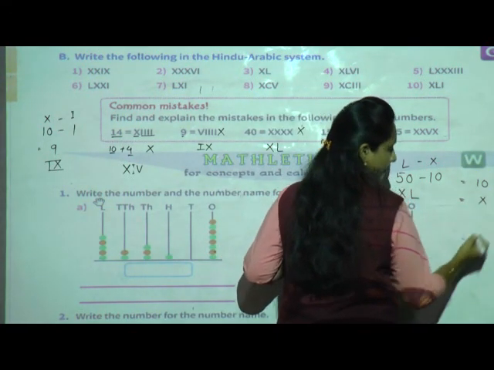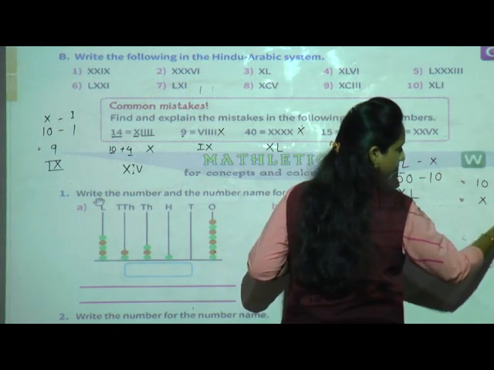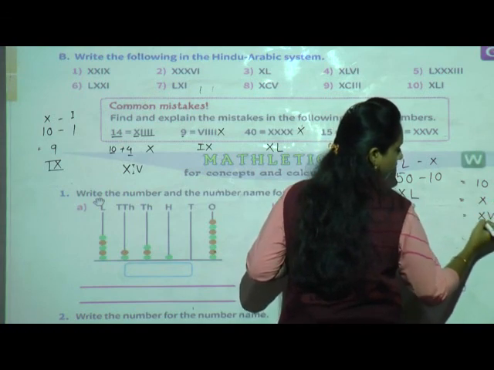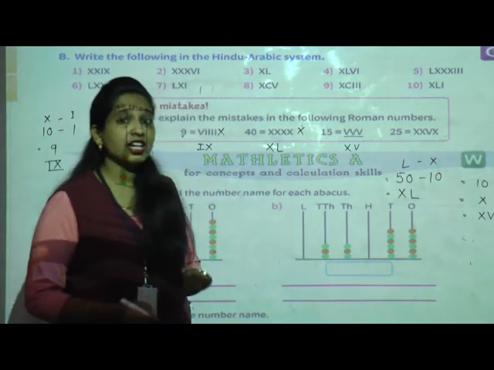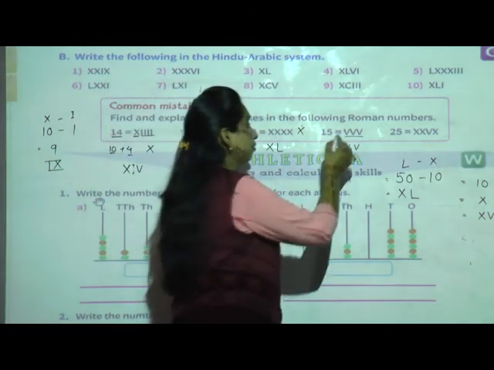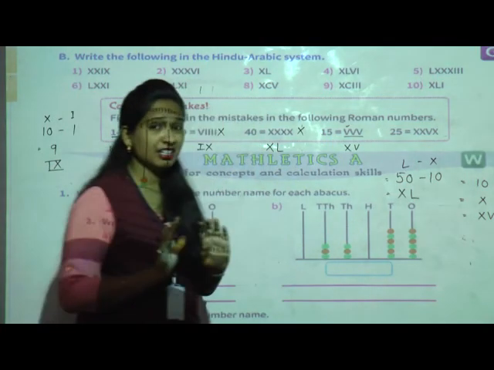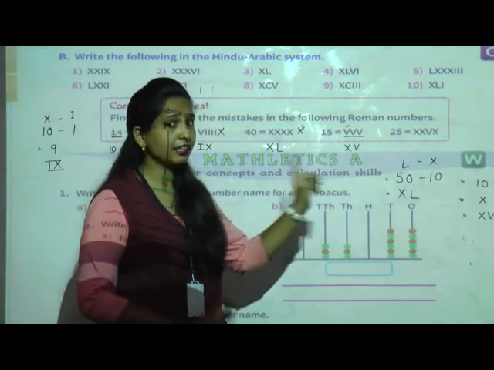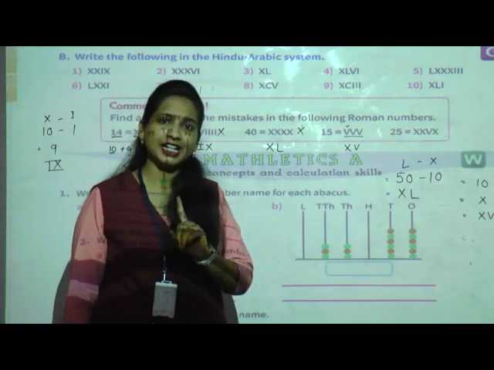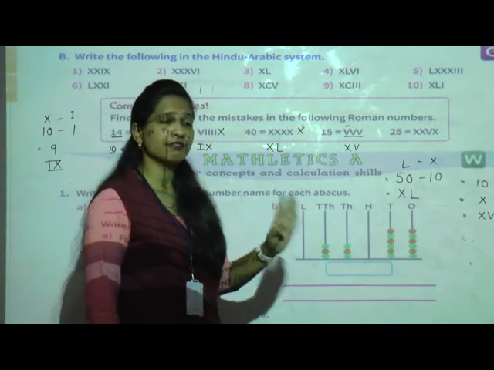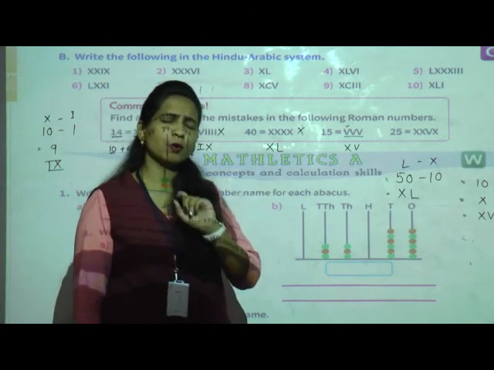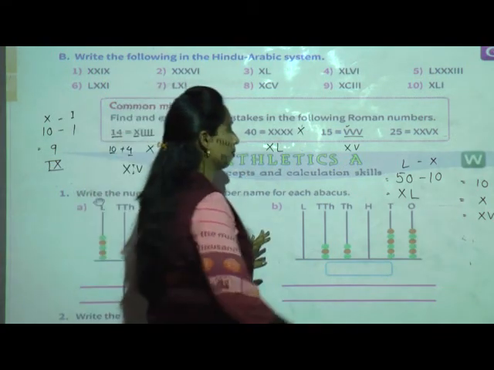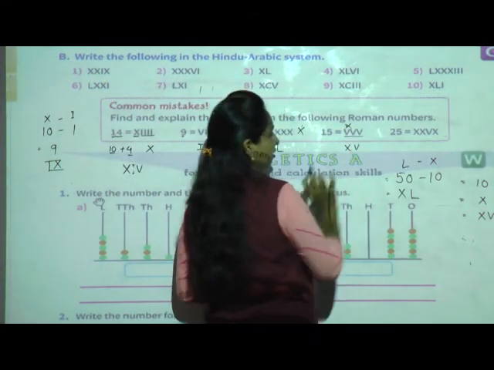So 10 is represented by X and 5 by V. So we get X and V. See, the letter V does not repeat. We can write V only one time. We cannot repeat V 3 times, not even 2 times. We write it only one time. So keep in your mind. This is wrong. This is correct.